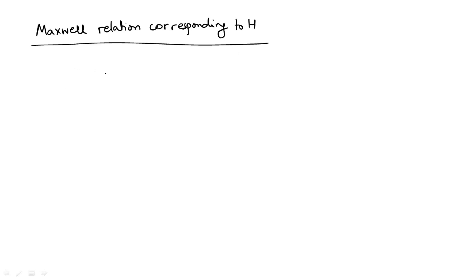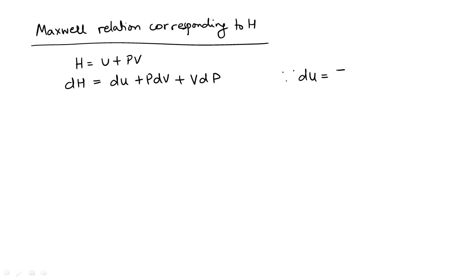We will now derive the Maxwell relation corresponding to enthalpy. We start with the definition of enthalpy. H is equal to U plus PV. Take the total derivative: dH is equal to dU plus P dV plus V dP. Using the fundamental equation, dU is equal to T dS minus P dV.